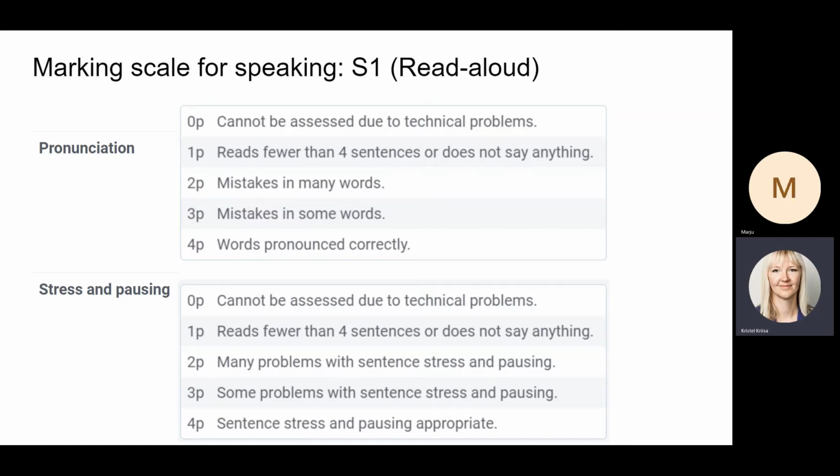So when there is an audio file there, but you cannot really understand anything because the student has been experiencing some technical problems, give 0 points.